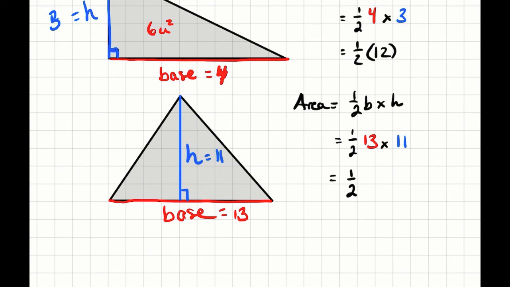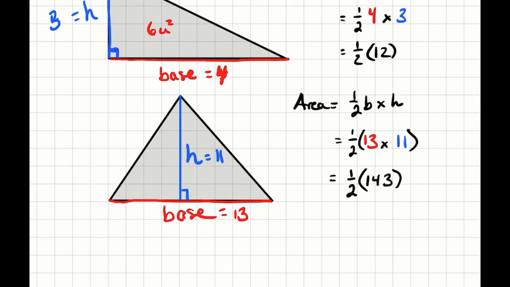All right, so we're going to go ahead and do the math here. I'm going to copy this down, and I'm going to put this in parentheses like so because I don't want it to get confused with the multiplication that has to happen here. Now, 1/2 of 143 is going to give us a decimal.